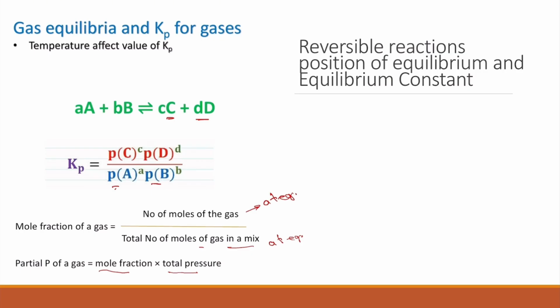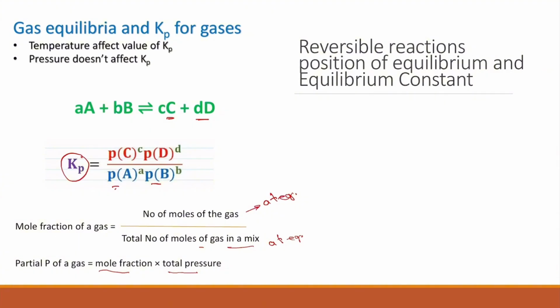So if you increase the temperature, the equilibrium will be pushed to the side which is endothermic, to oppose the effect of the increase in the temperature. That means that the partial pressures of the side which the equilibrium has shifted to will increase compared to the other side. So this is why the Kp value will change.